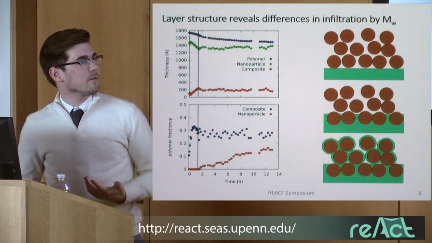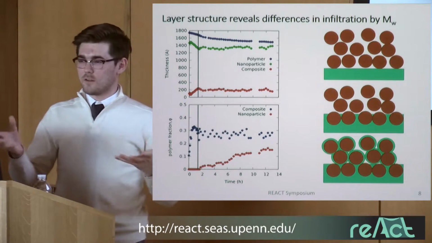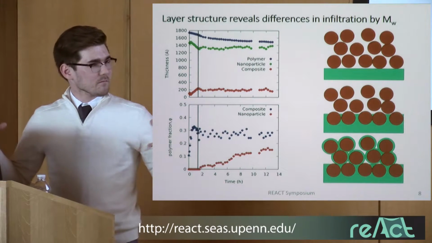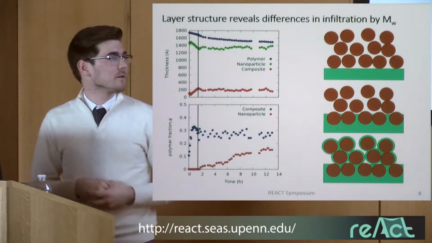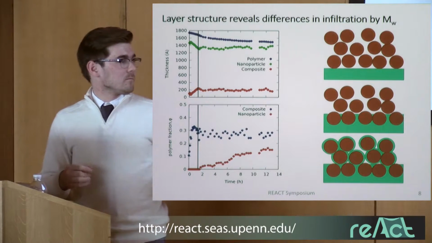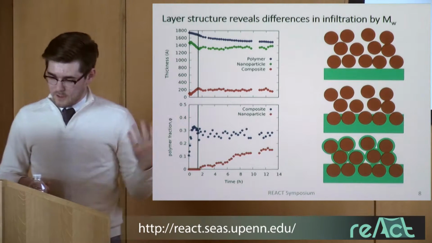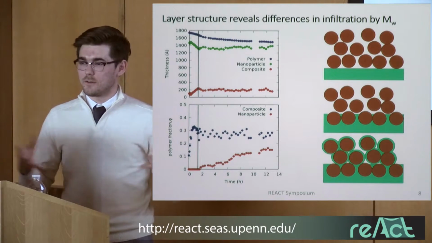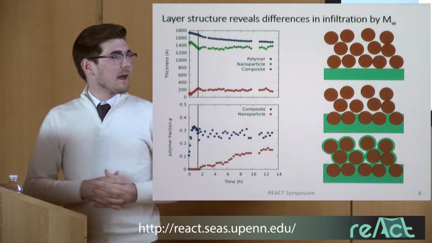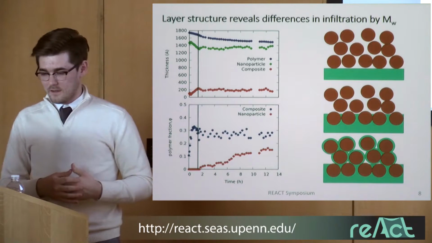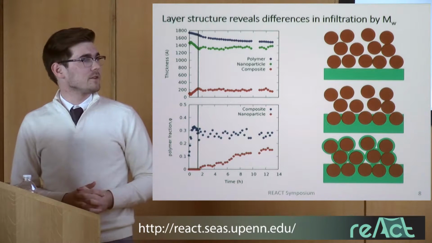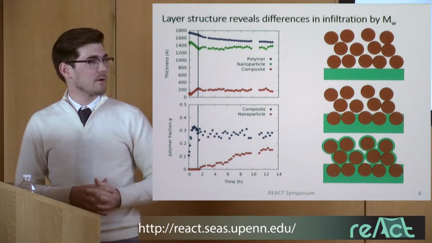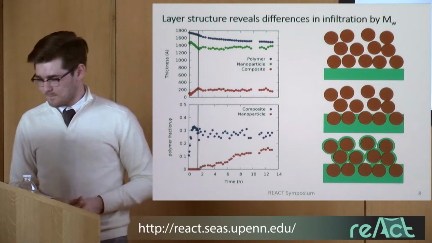Interestingly enough, the nanoparticles above it seem to be then covered in polymers very gradually. So this is not a Lucas Washburn type behavior. There's no clear rising front. And it's interesting to see that there is a different process by which these high molecular weight polymers infiltrate.